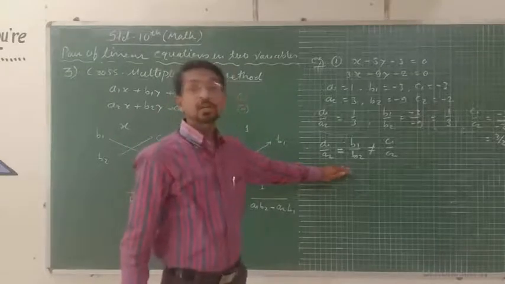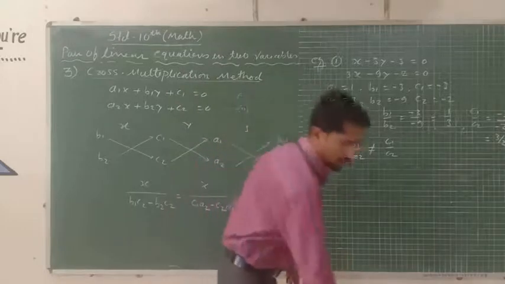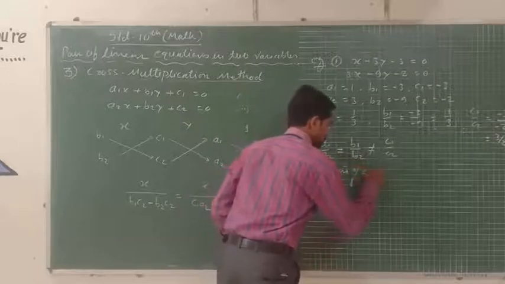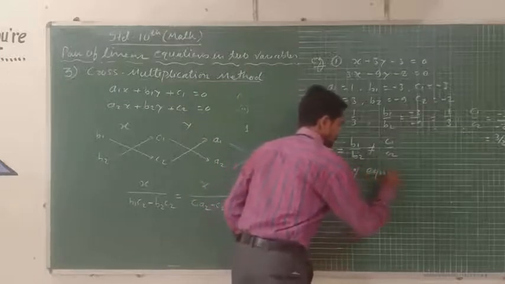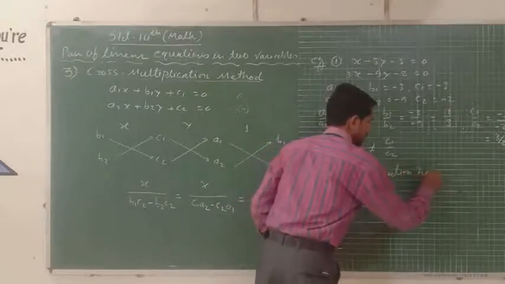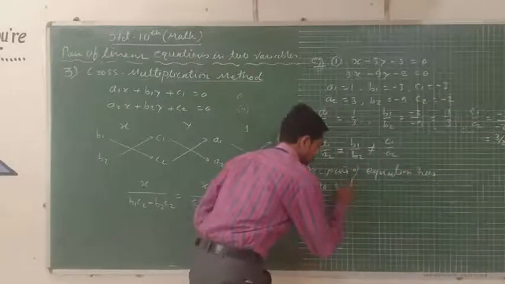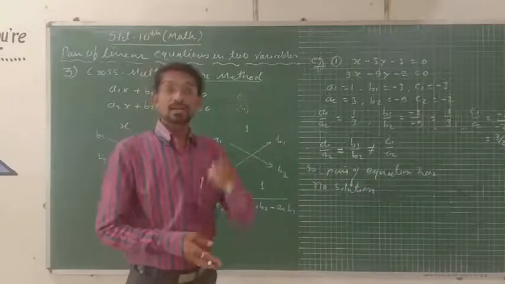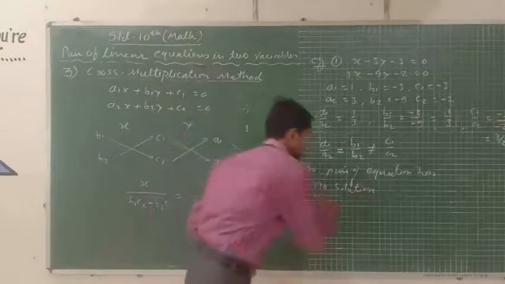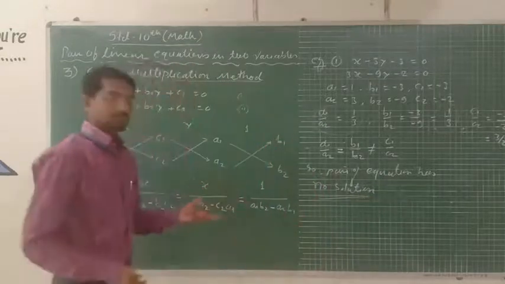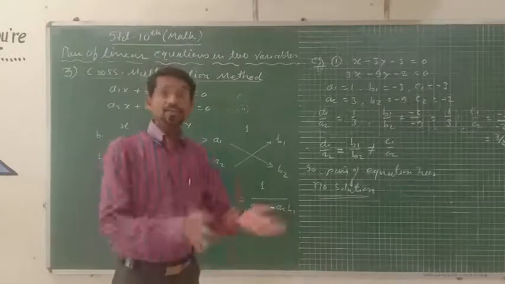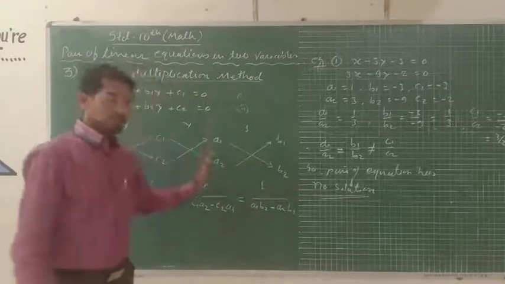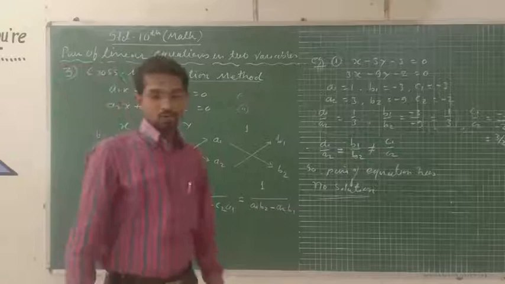Therefore we may write that the pair of equations has no solution. If the pair has no solution, we cannot find a solution by any method, so there is no need to go over this method. Okay, see the second question again.